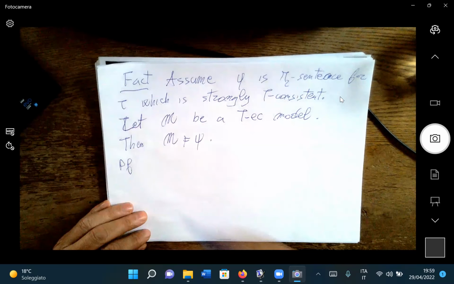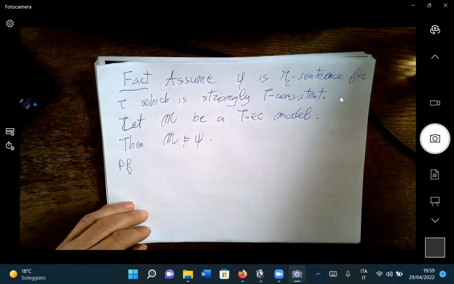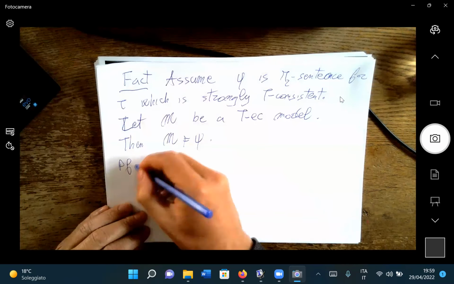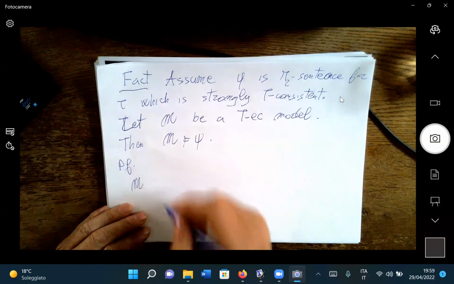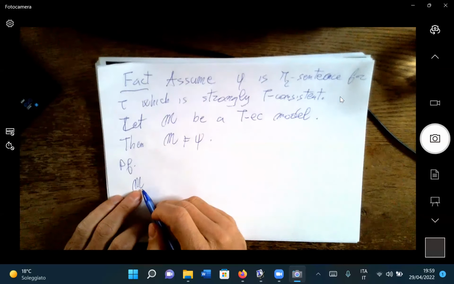Okay, proof. So what happens is we start with M. Okay, so it's a TEC model.